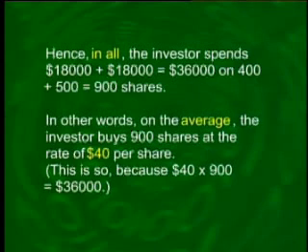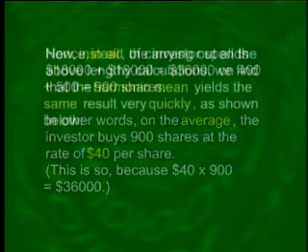In other words, on the average, the investor buys 900 shares at the rate of $40 per share. And this is so, obviously, because 40 into 900 is equal to 36,000.